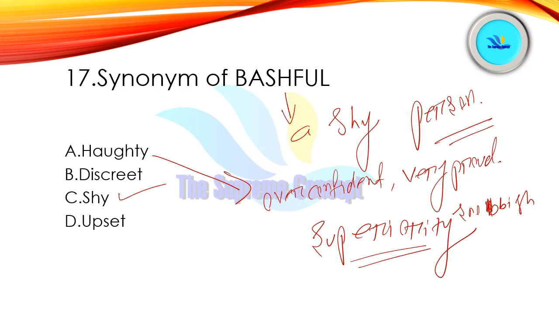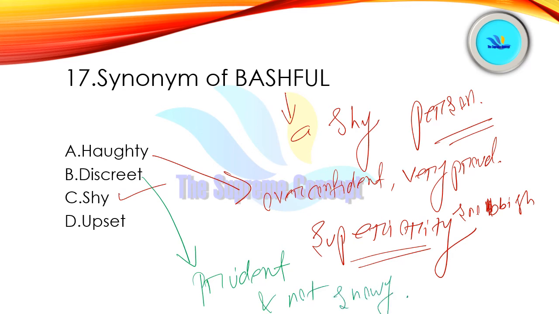And then discreet. Discreet means someone who is cautious and prudent, not showy. Then shy, we all know. And then offset. Offset means one who is shade.